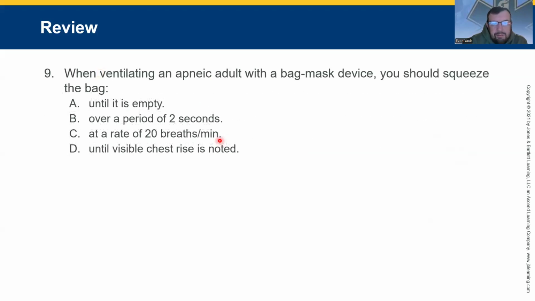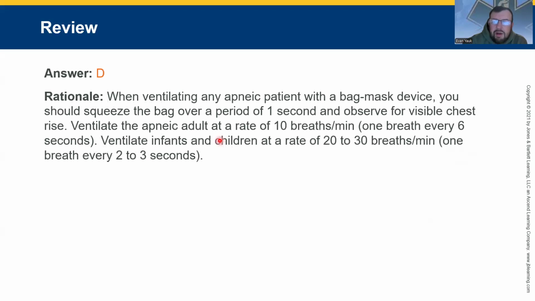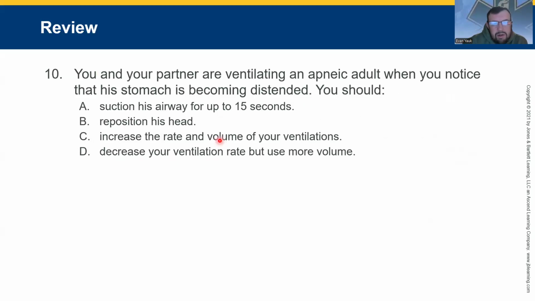When ventilating an apneic patient with a bag mask device, you should squeeze the bag. D. We're looking for chest rise and fall, one breath every 5 to 6 seconds. You and your partner are ventilating an apneic adult when you notice that his stomach is being distended.